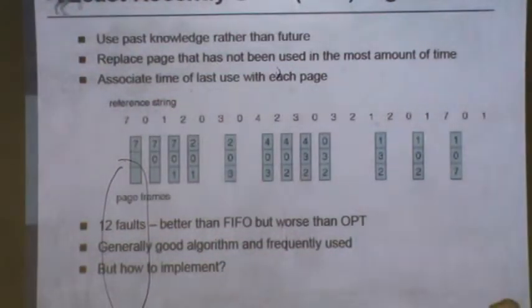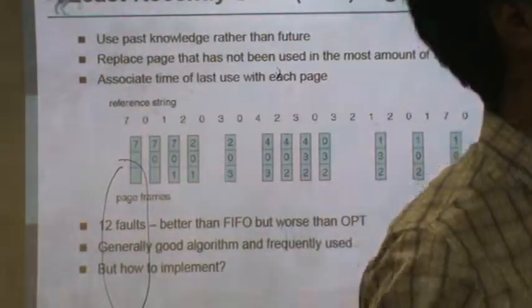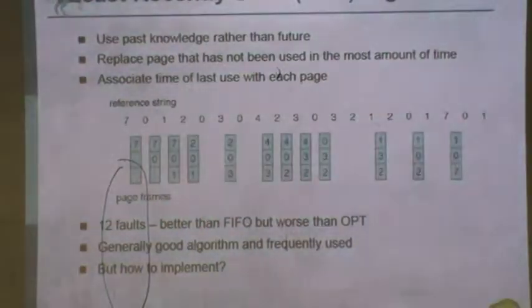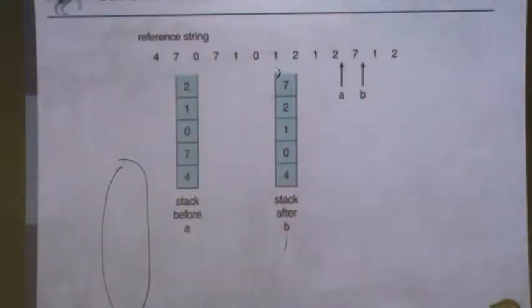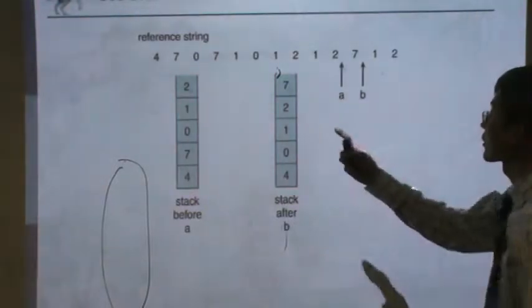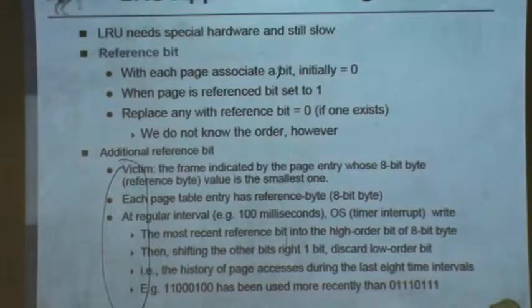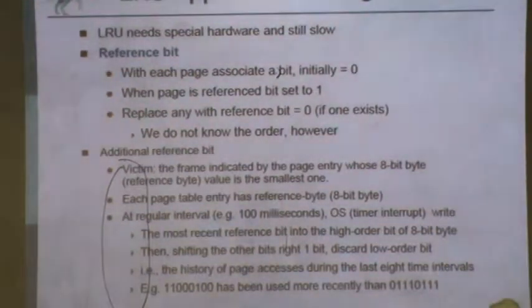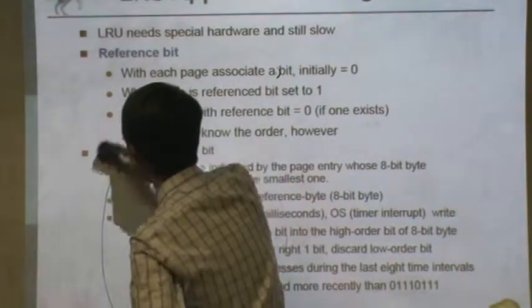If a page is the least recently used, it is the victim. So this is the LRU algorithm using a stack data structure. Still, the LRU algorithm needs some overhead to manage the stack area.